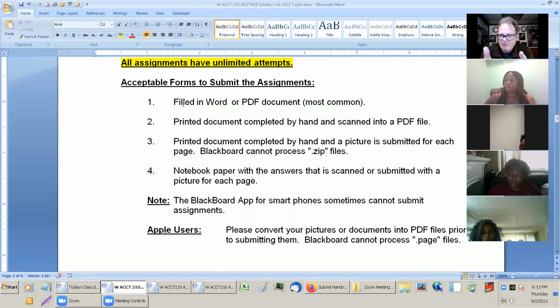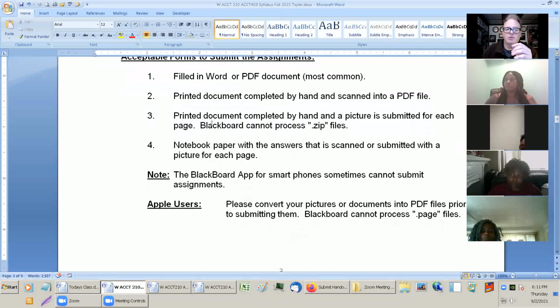You can fill in a PDF document, do the insert text thing, and that's fine too. Those are probably the most common. Most people usually type it right into the document. Now, you don't have to do that. You can print out the document and write it in by hand, and then take pictures of it or scan it, either one. You can also just use notebook paper.